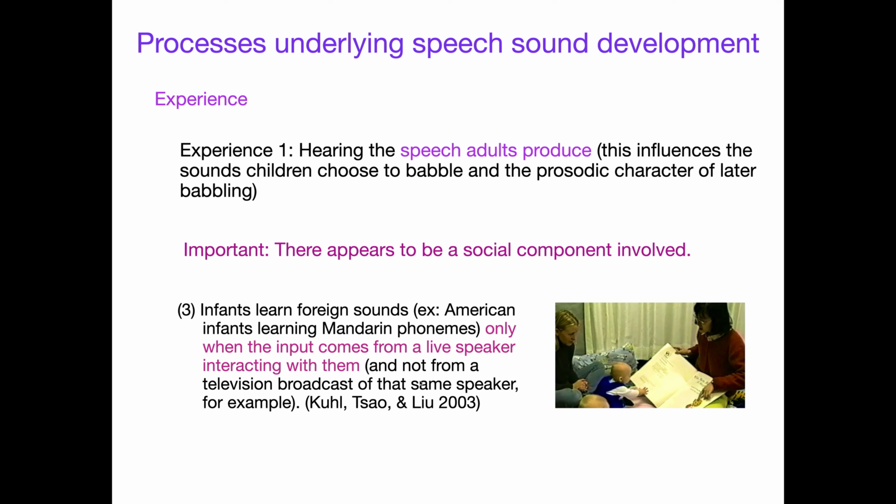but a video broadcast of that same speaker making the same visual signals, making the same auditory sounds, but just not physically there. It turns out that if the person is physically there, therefore signaling to the baby very clearly that there's a social interaction going on, then the infant was able to learn some of those Mandarin phonemes, but not when it was just from a video.